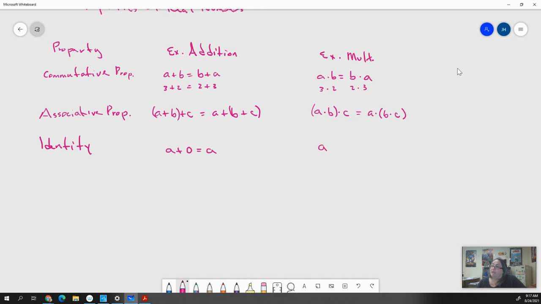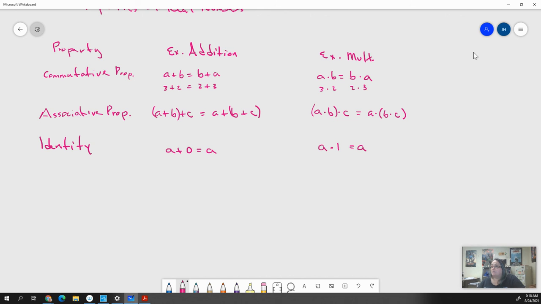When I'm multiplying, if I'm going to multiply something and I need to get A back, what's the one thing I can multiply by to get that same number back? So 2 times what? Exactly. 2 times 1. So our identity gets it back to itself. So when we're talking about addition, we would add 0 to something to get it back. When we're talking about multiplication, we'd multiply that times 1.